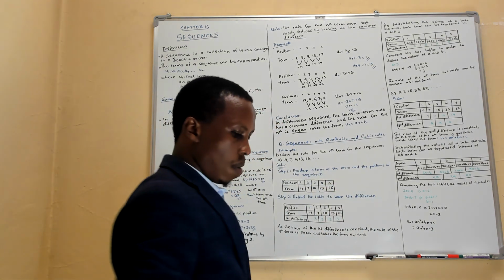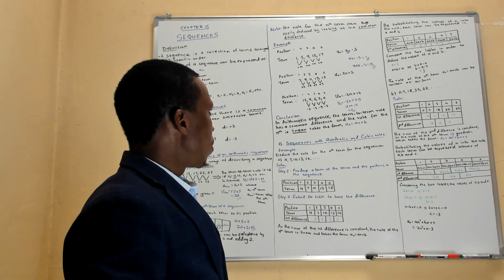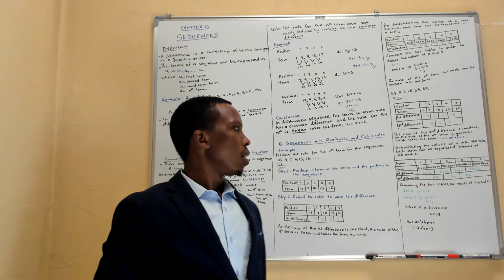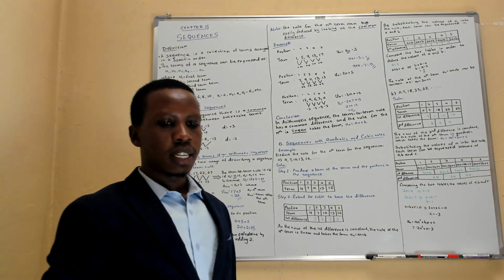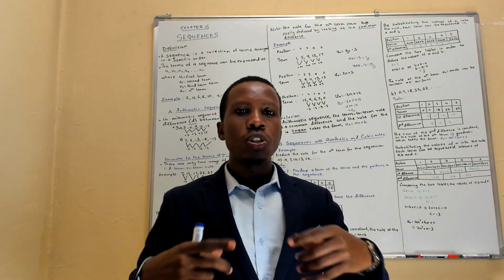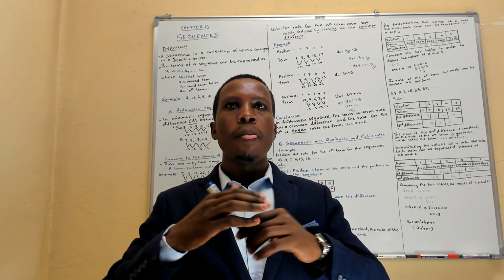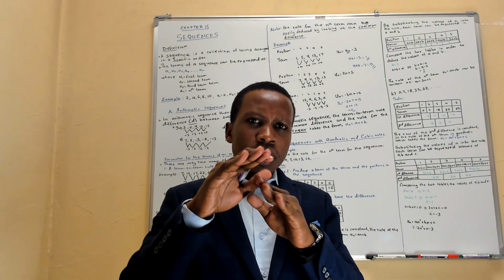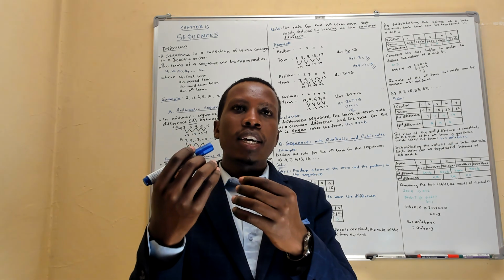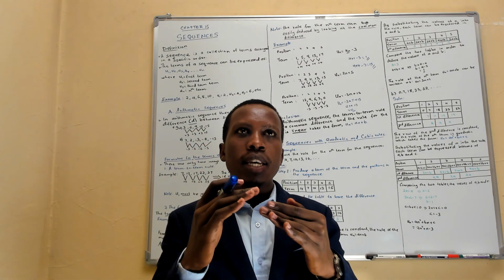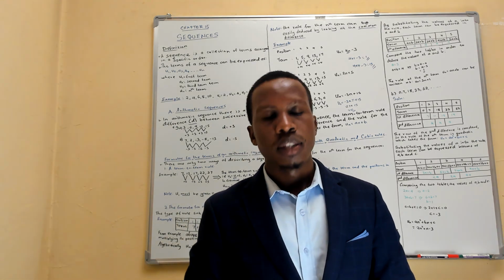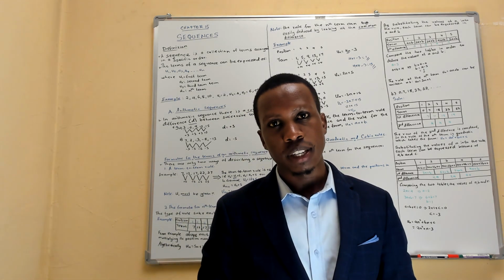Now, let's do sequences with quadratic and cubic rules. Under these sequences of quadratic and cubic rule, what you need to understand is we are still going to try and find the common difference of each, but the only difference here is we have to use the second difference and the third difference to get the common difference.